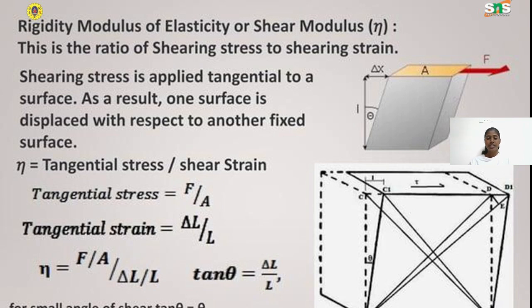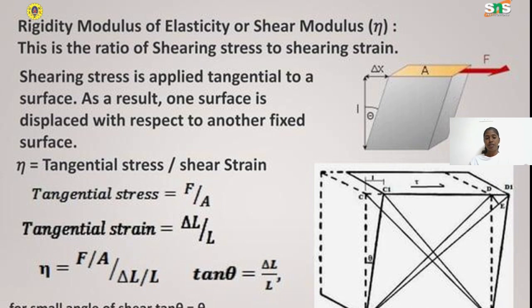Shearing stress is applied tangential to the surface. As a result, one surface is displaced with respect to another fixed surface. Look at this diagram. Here the stress is applied tangential to the surface, so the theta twist is applied to the body.